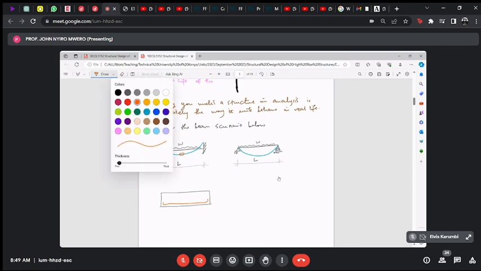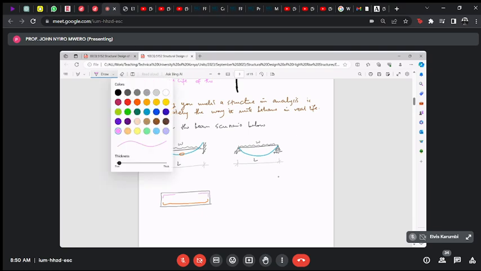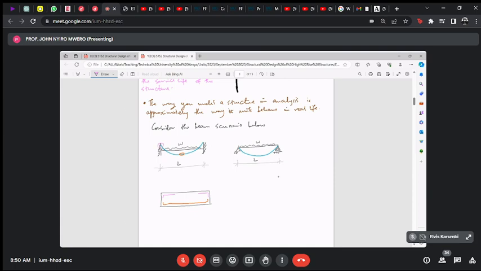And you will make provision for reinforcement there and there, not minimum, to take care of that. So in real life, this beam will actually behave as if it was fixed. Why? Because you've made those provisions.